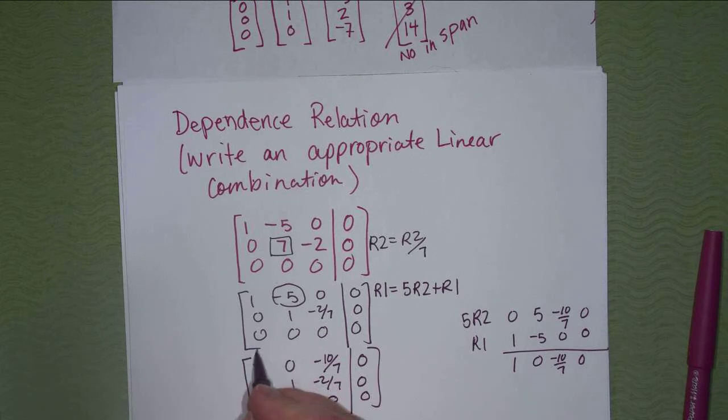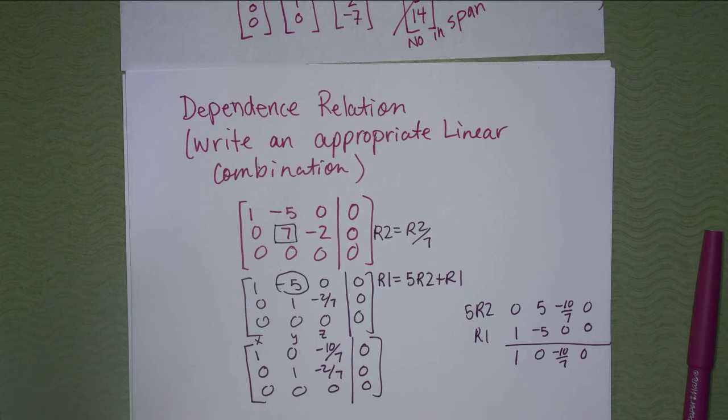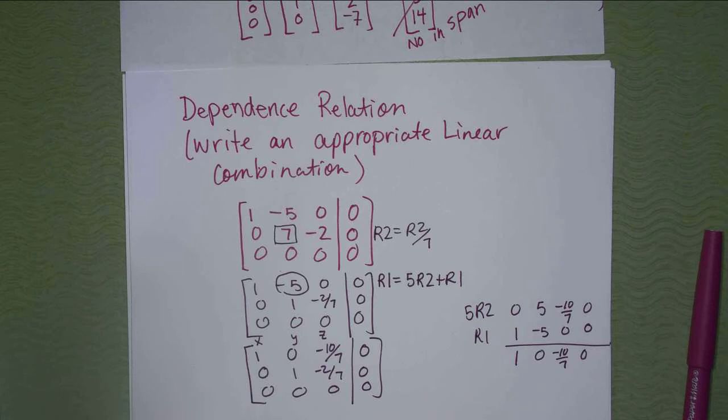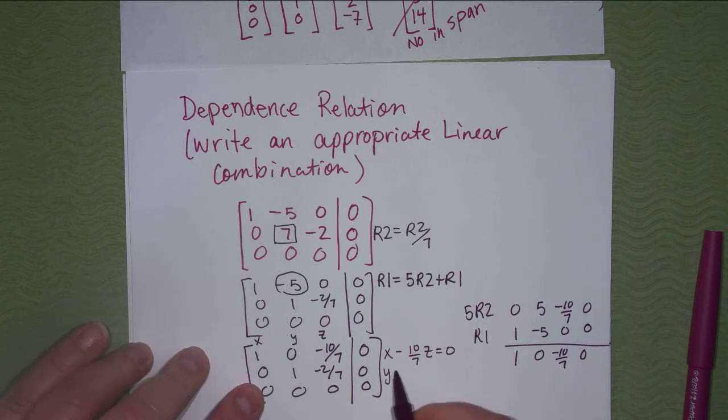Okay, so this is x, y, z. So you finish row reducing it, and then write out your solution. So our first row gives us what? x minus 10 over 7 z equals 0. And the second row gives me y minus 2 over 7 z equals 0.